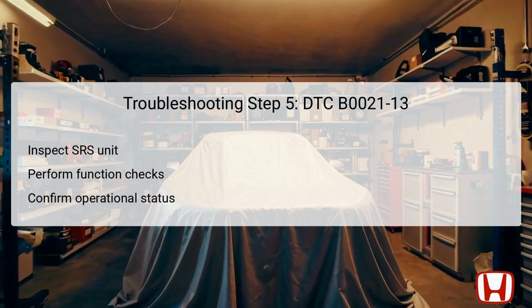If all previous components have tested positively and there are no discernible faults in the circuit or the airbag, a malfunctioning SRS unit is likely responsible for the persistence of DTC B0021-13. Confirming these assessments allows for strategic decision-making in regard to repairs or replacements.